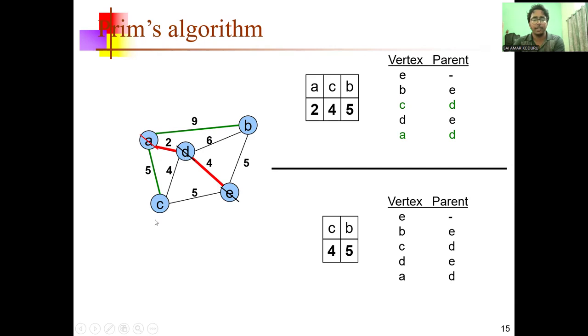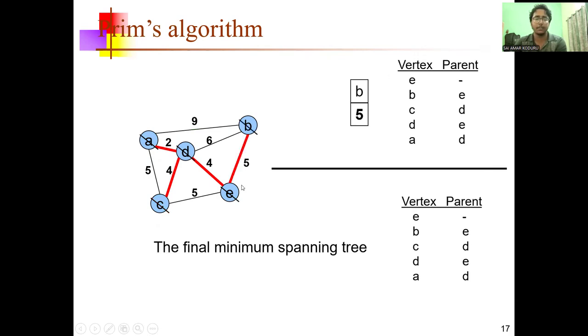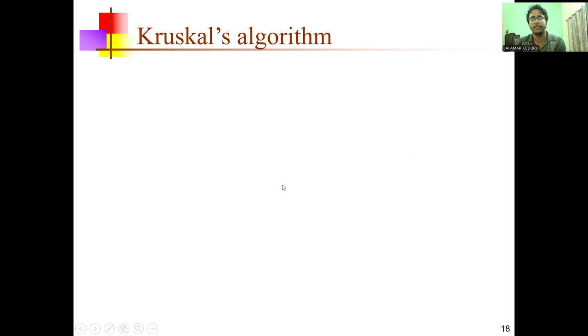But compared to D to C, it's only 4. So we'll return back and traverse from D to C, which is 4. And again, we will go back to E and we'll go to B because E to B is the least path. So the final minimum spanning tree is A, D, C, E, B.